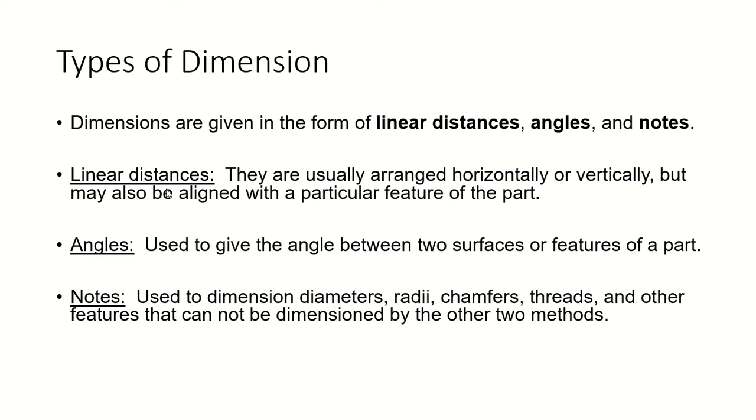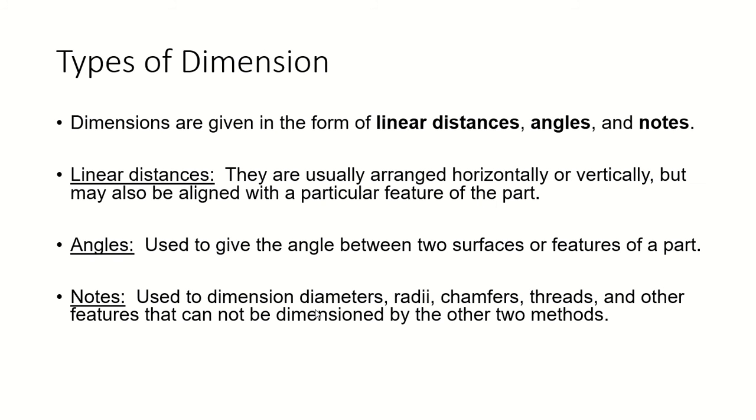Linear distances are either horizontal or vertical, but they can also be aligned with a particular feature in the part. We'll see later. Angles are usually between two surfaces, or between two features of a part. Features are different shapes in your part, or connections.